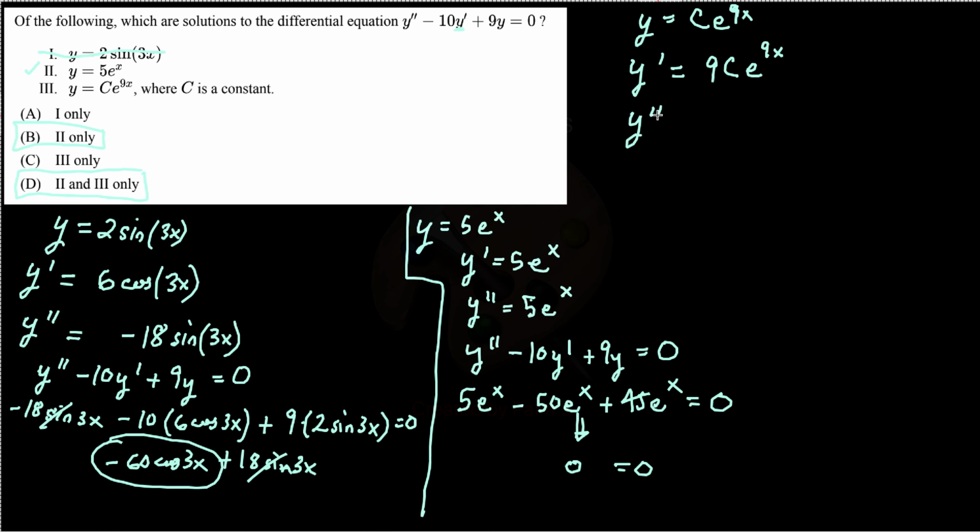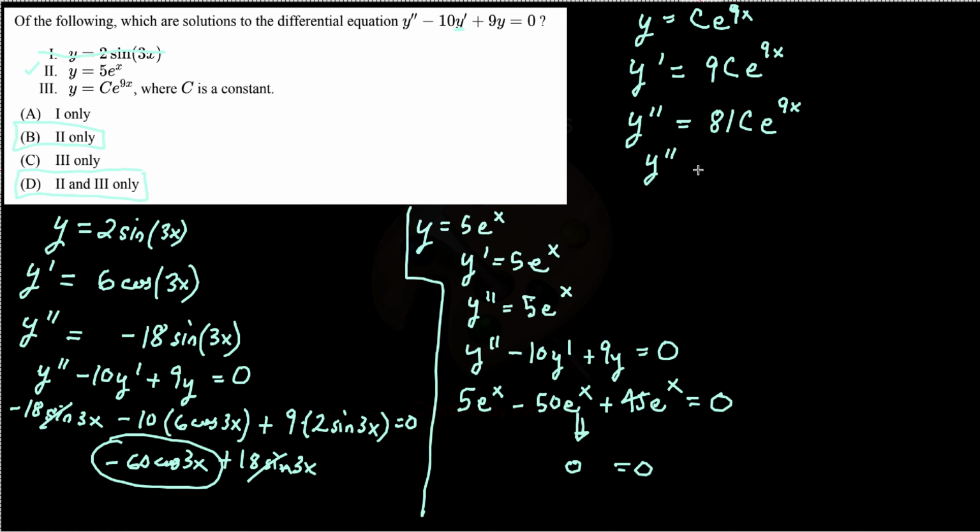The second derivative of this is going to be 81c e to the 9x. Because again, I multiply by 9 again, right? The derivative of e to the 9x is again 9e to the 9x. So I get that other 9. 9 times 9 is 81. Substitute this into my differential equation.